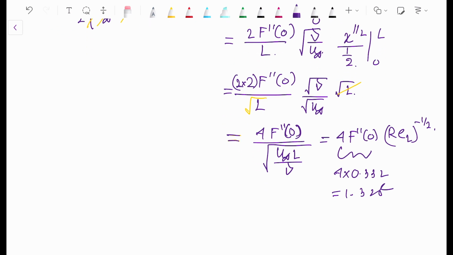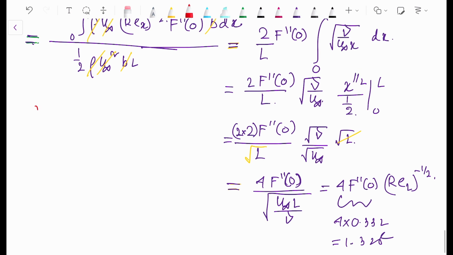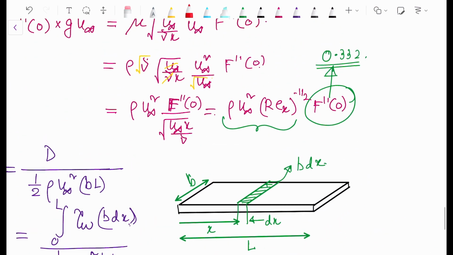So many of you may have used these expressions as the formula to calculate the drag coefficient and the skin friction coefficient. Likewise, now your homework will be to find the skin friction coefficient, tau wall by half rho u infinity square, though that is not actually homework.